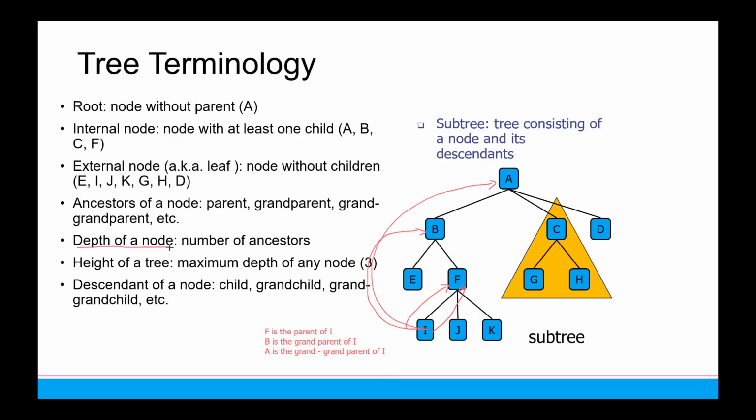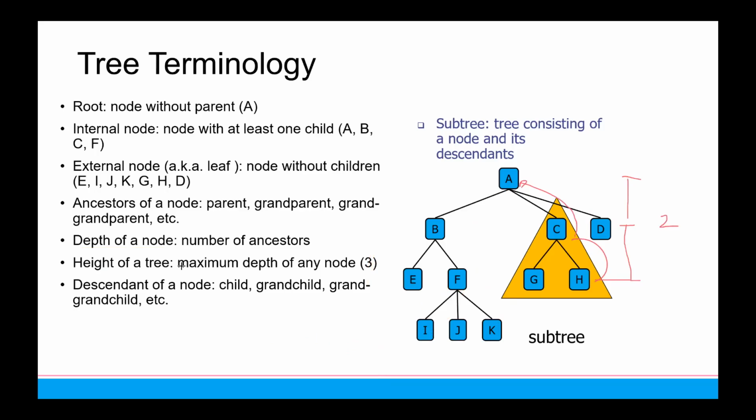We can also look at the depth of a node. The depth of a node means the number of ancestors. So if we have 1, 2, 3, the depth of the node is 3. If I want to see the depth of this node, we can say it is 2, because going to C is 1 and going to A is 2.